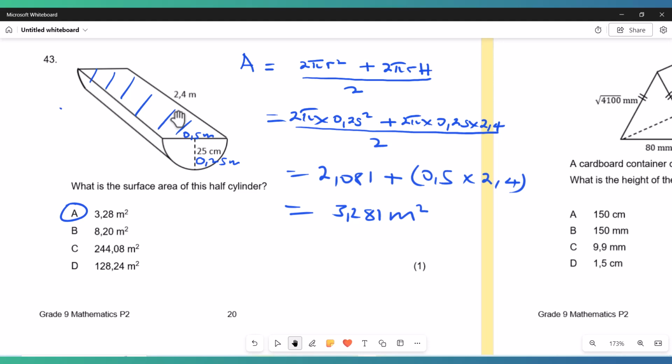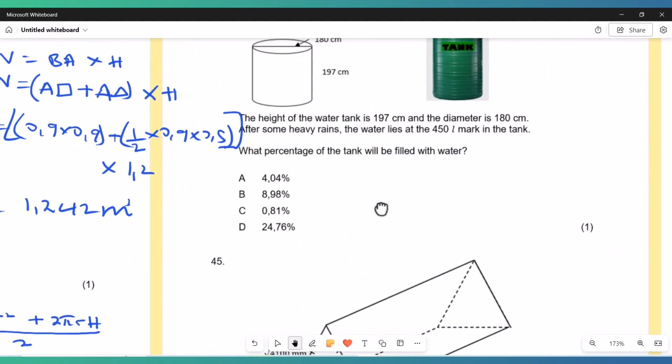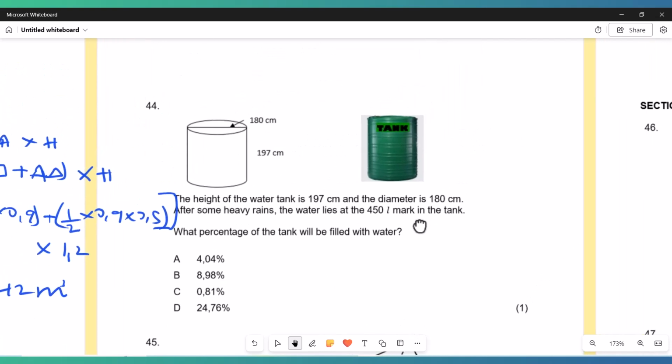Thank you, Jesus. Next question, question 44. They say here that the height of the water tank is 197 centimeters. Diameter is 180 centimeters. After some heavy rains, the water lies at the 450 liter mark in the tank.